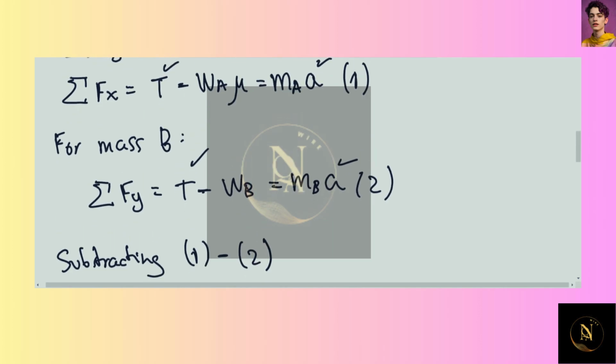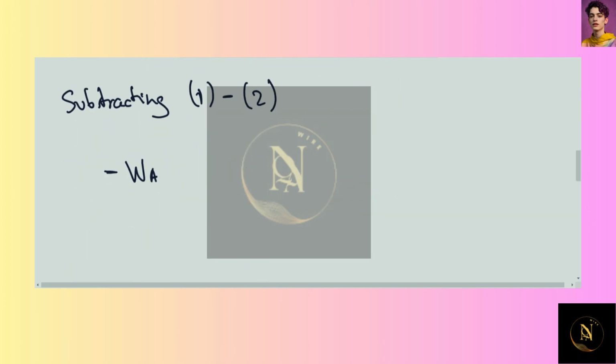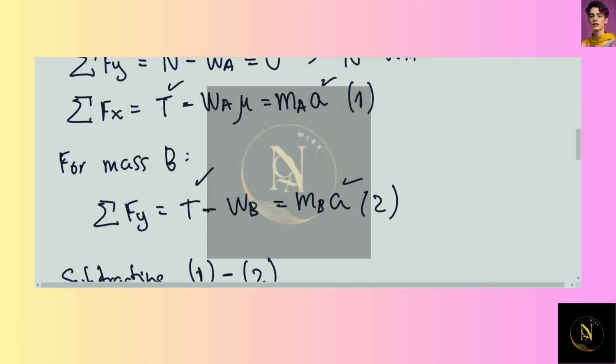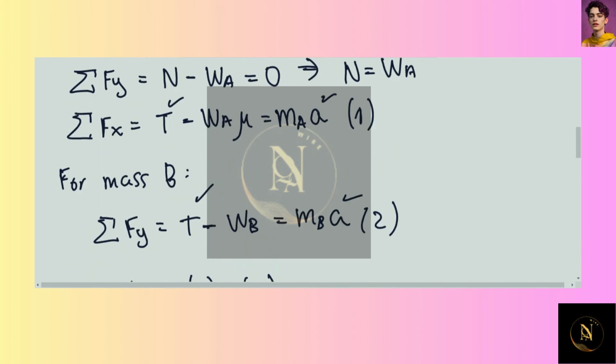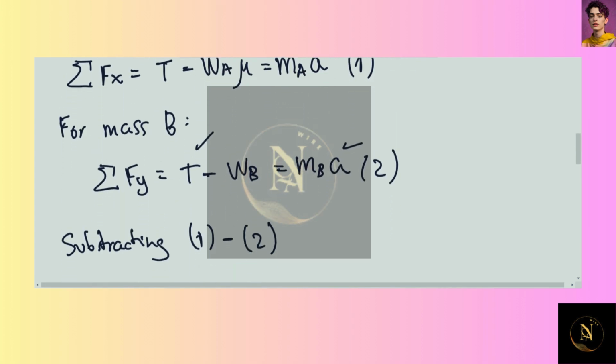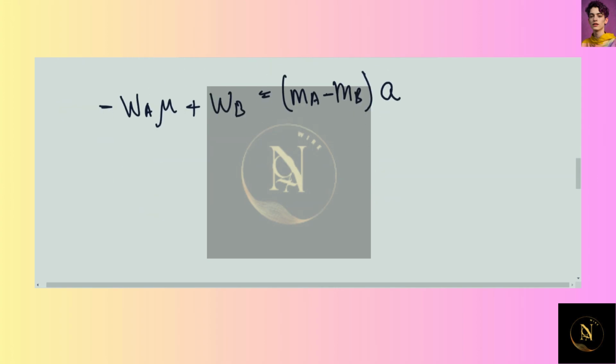The tension goes away, so we will find that it is minus the weight of A times the coefficient of friction plus the weight of B, and this is equal to the mass of A minus the mass of B, because we are subtracting equation 1 minus equation 2, and this times the acceleration.